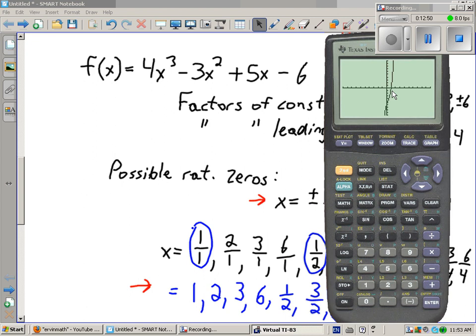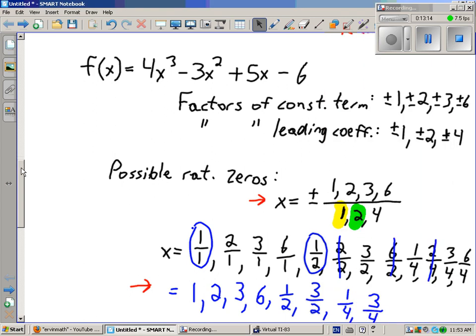We'll plug 1 in. The fastest way to do this on your calculator is go second, trace, get to your calculate menu, calculate the value at x equal to 1, press enter, and lo and behold, when x is equal to 1, y is equal to 0. So x equal to 1 actually is a 0 of that function.